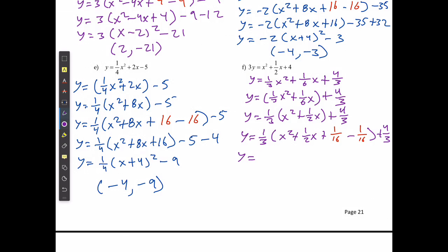Y is equal to 1 over 3 bracket x squared plus 1 over 2x plus 1 over 16, close the bracket, plus 4 over 3, and minus, when I multiply it by the negative 1 over 16, by the 1/3, I get minus 1 over 48.